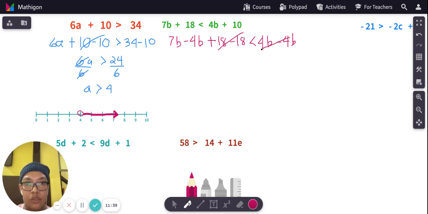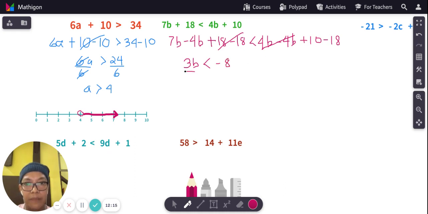This is 0 plus 10. I subtracted 18 on the left side, so I should subtract 18 here. So this is 3B, right? 3B less than negative 10 minus 8, this is negative 8.